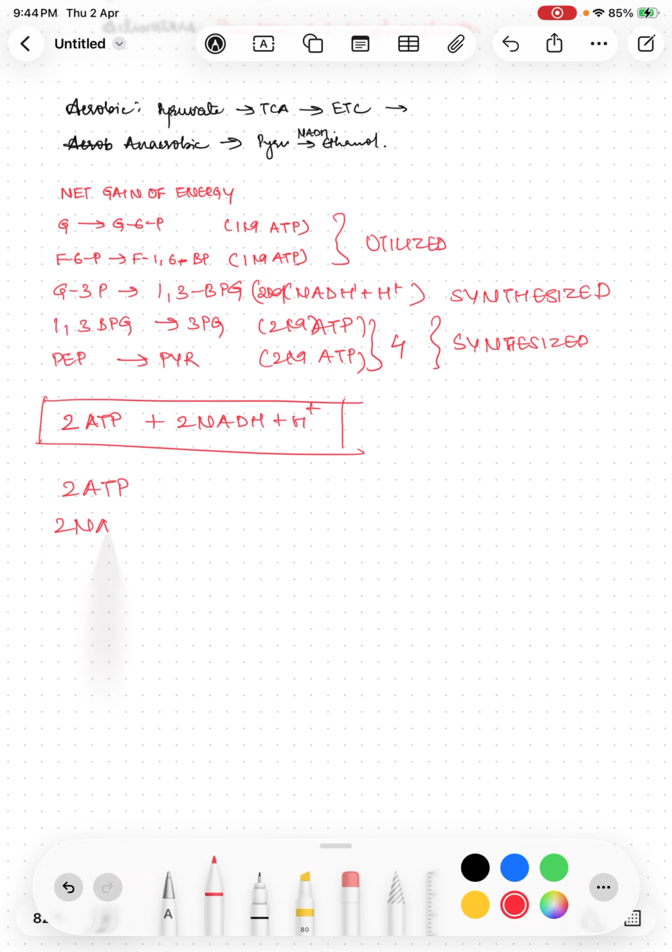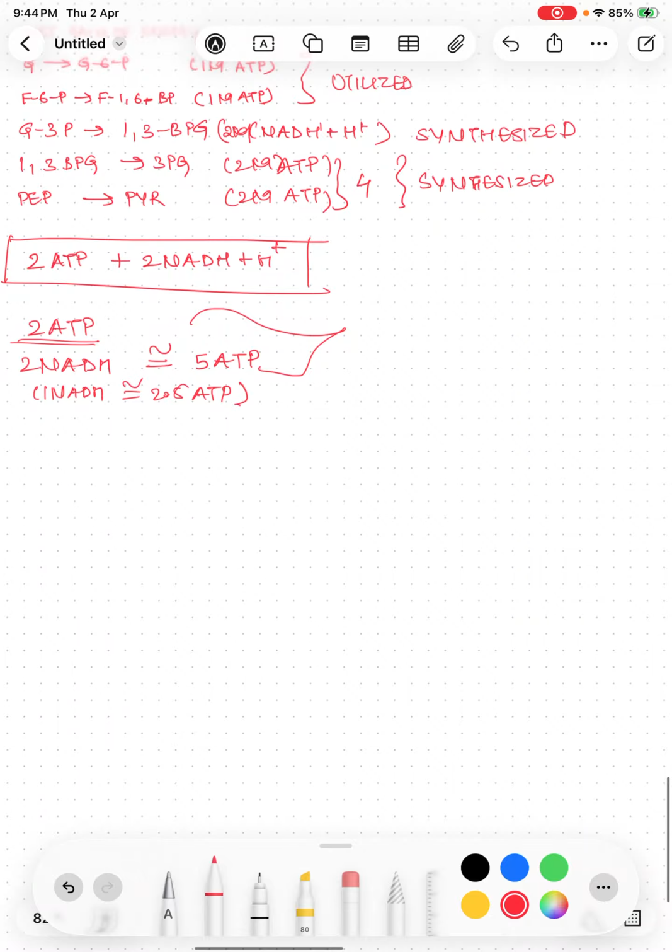These 2 molecules of NADH correspond to 5 ATP, as one NADH corresponds to 2.5 ATP. And we already have 2 molecules of ATP synthesized during substrate level phosphorylation. Thus, the net gain of ATP or energy during glycolysis is 7 ATP molecules.